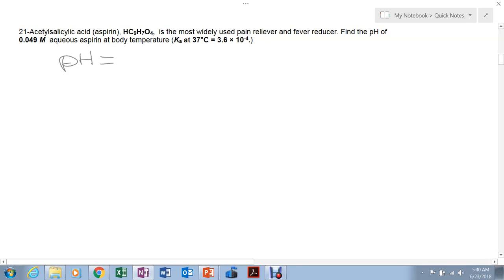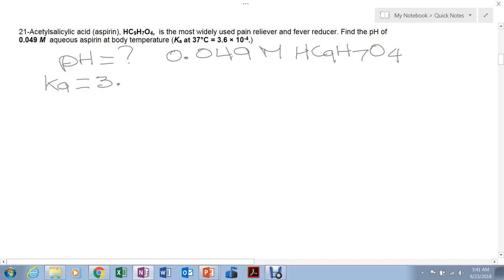Just asking for the pH of 0.049 aqueous aspirin, of the acid acetylsalicylic acid, C9H7O4, and it says find the pH, and the Ka given is 3.6 by 10 to the negative 4.